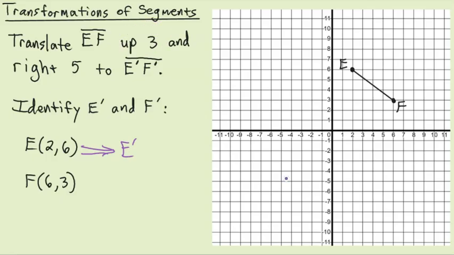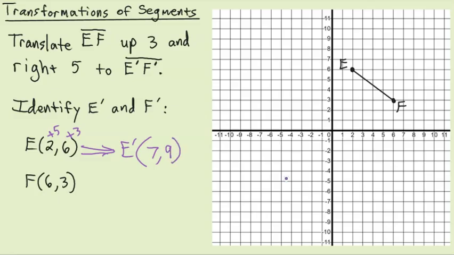And so that means we're going to add 3 to the y coordinate 6. And we want to go to the right 5, so that means we're going to add 5 to the x coordinate. And so that's going to give us 2 plus 5 is 7, and 6 plus 3 is 9. So E prime is at 7, 9.